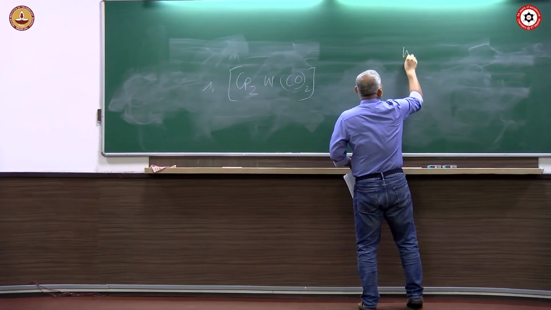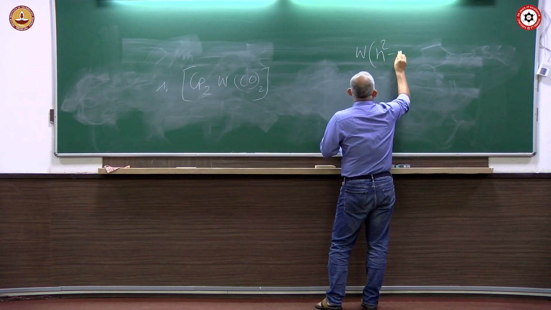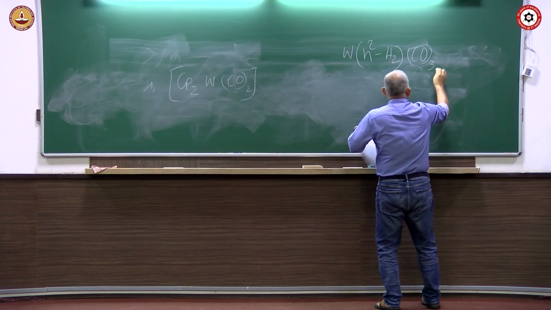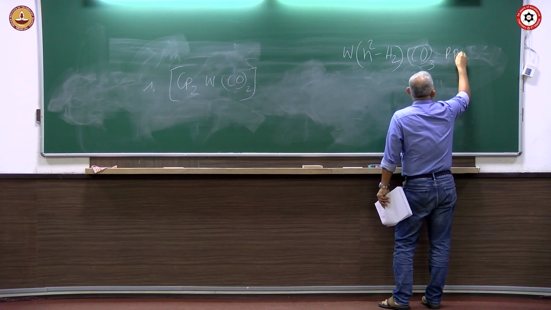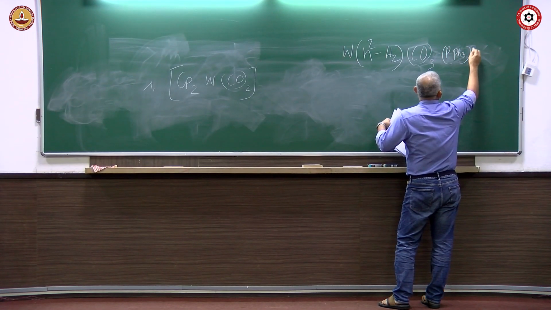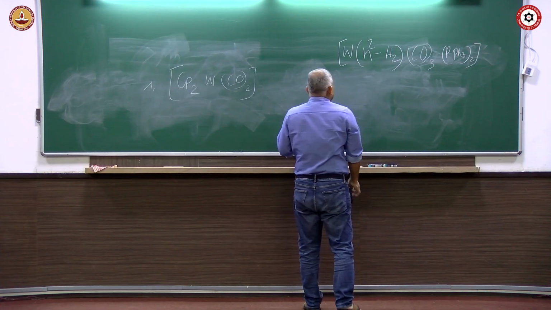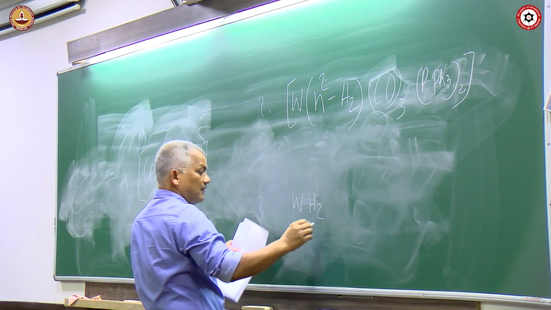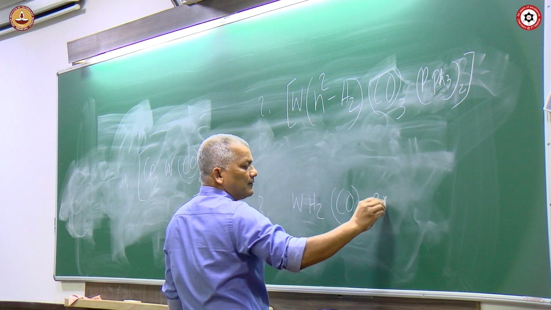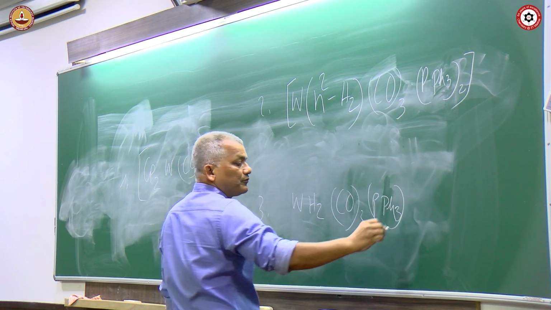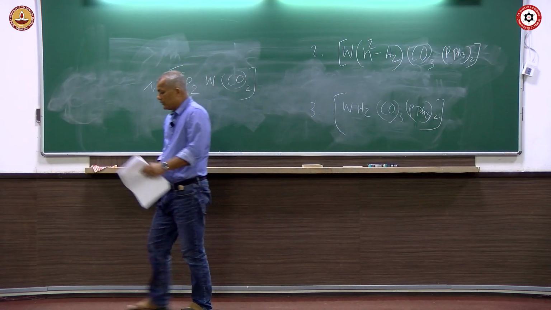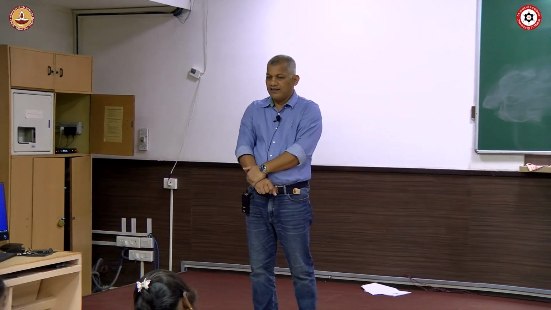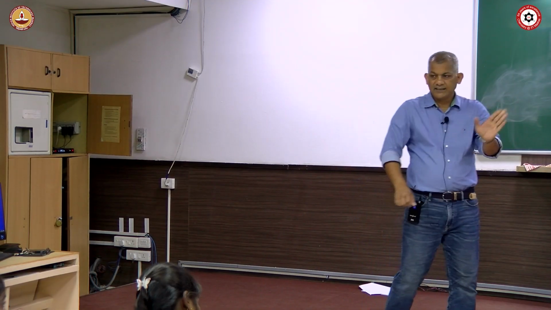Another one is tungsten 2 H2 CO3. So this is the second example, and the third example is... What I want you to know is, first you have to show me how all these metals are 18 electron species.